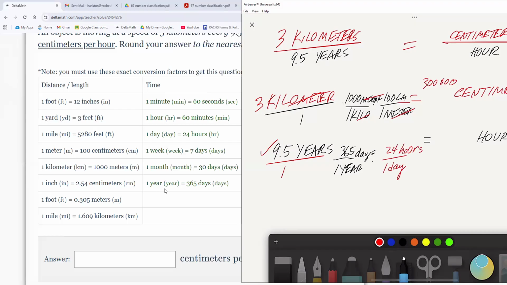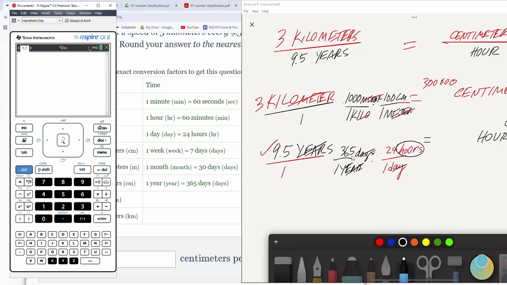The reason that I know this is correct is the years cancel because there's a year on the top and the bottom. The days cancel because there's a day on the top and the bottom, and what we're left with is hours, which is what we want. Now I'm going to use the calculator to finish this up. This is going to be 9.5 times 365 times 24. That's going to be our answer because all of these down here are 1 times 1 times 1, which is just going to be 1.